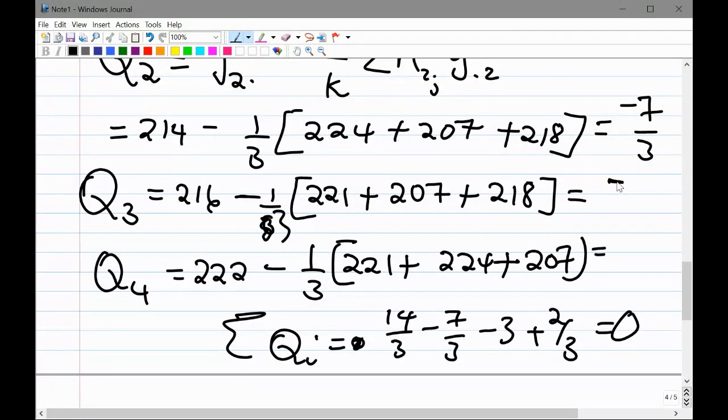Wait. Check your calculator on that side. You can also check it on your calculator, sir.